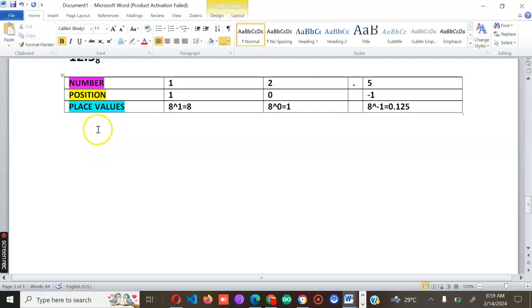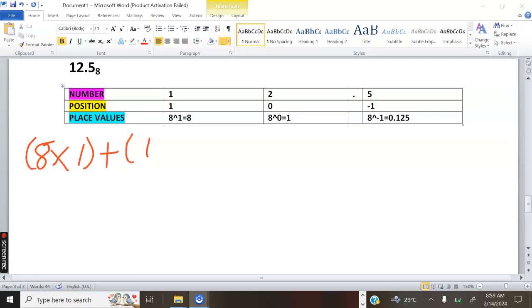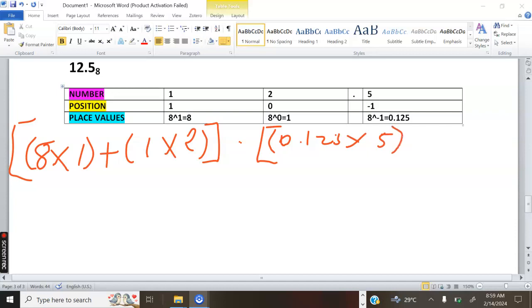Okay, having that, the next step is to multiply the place value by the number. We have 8 multiplied by 1, plus 1 multiplied by 2. Then we have the point. Then we have 0.125 multiplied by 5.